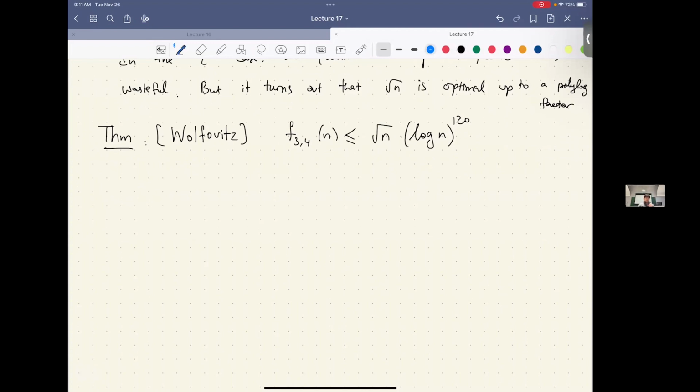The idea is simple. It's also a random block construction. So what do we do?